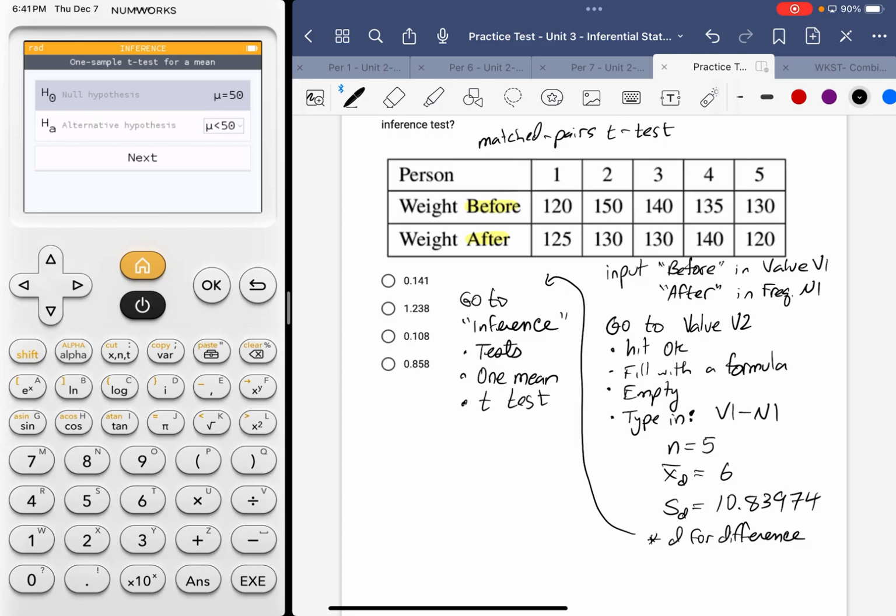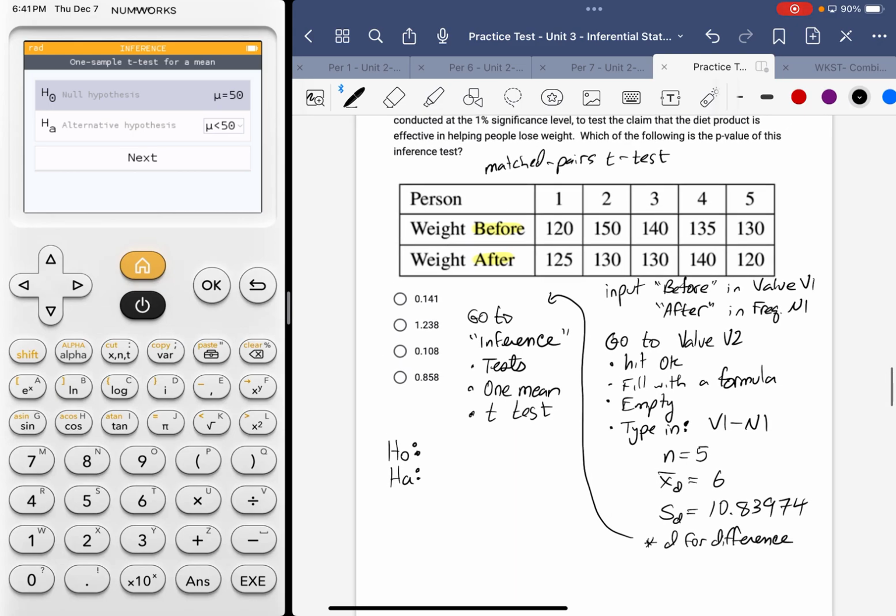The null and alternative hypotheses, if I were actually conducting this hypothesis test, my H0 would be that there is no difference, and the HA would be that there is some kind of difference. They're saying that the diet product is effective in helping people lose weight. All right, so as a default, I would say that there is no difference.